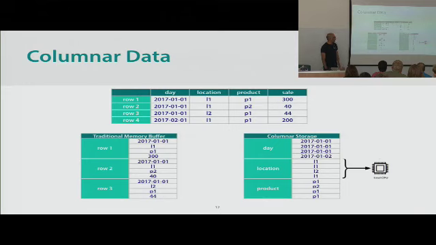In a columnar store, you store all the values for one column after each other. And this is much more efficient for compression or for doing analytic workflows on the data. So get me the sum of all sales for some predicate, for example. So this is a much better storage format, and it's much more suited to get the data into pandas.